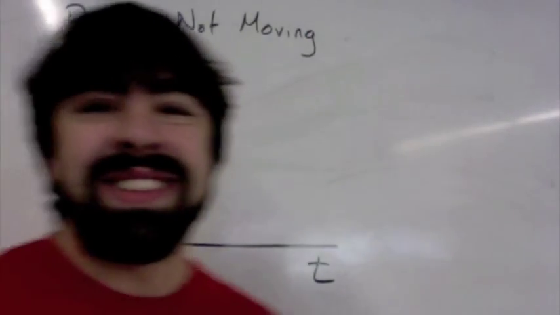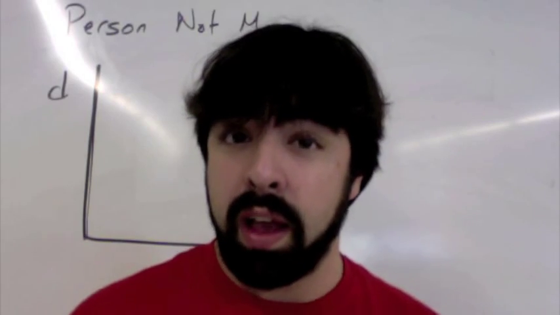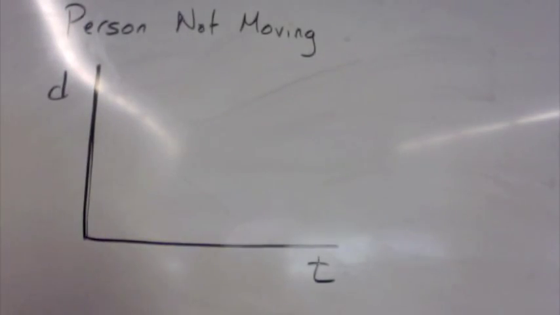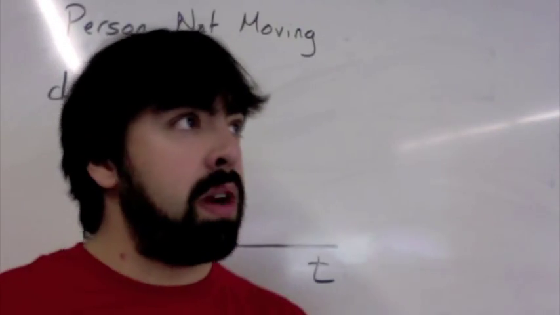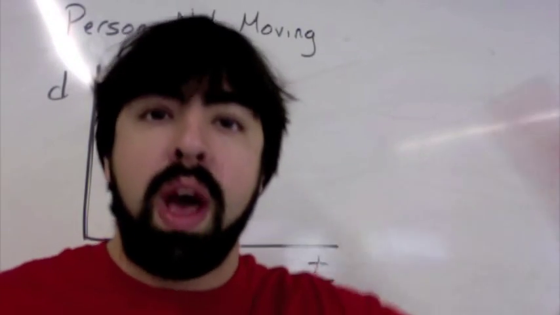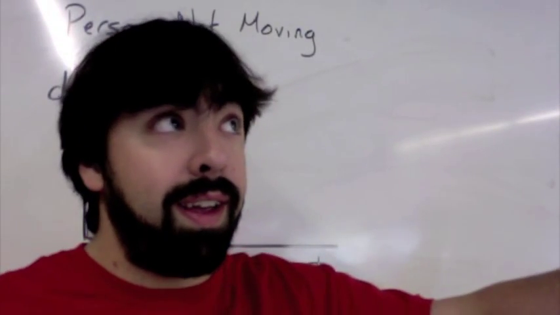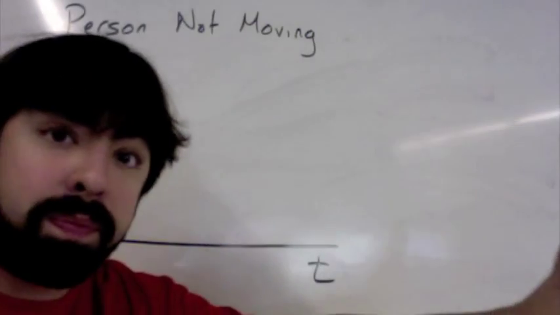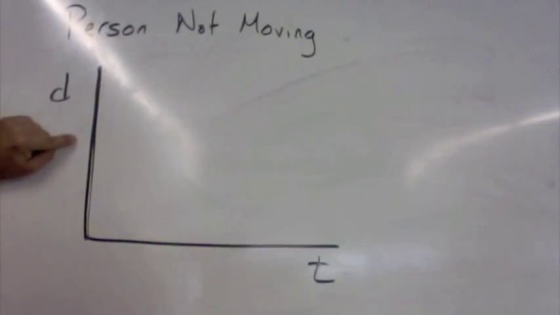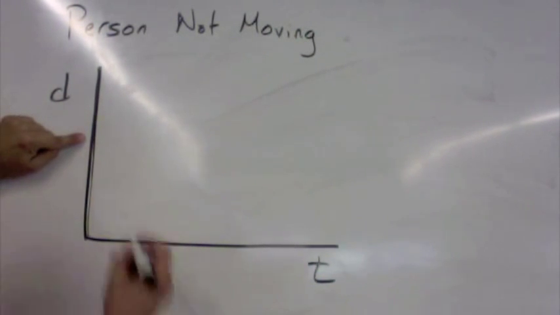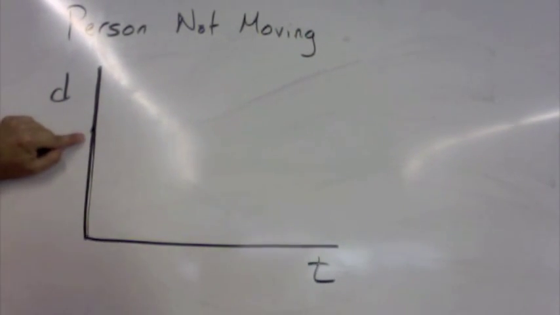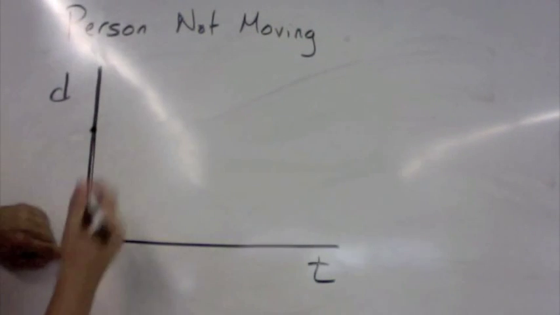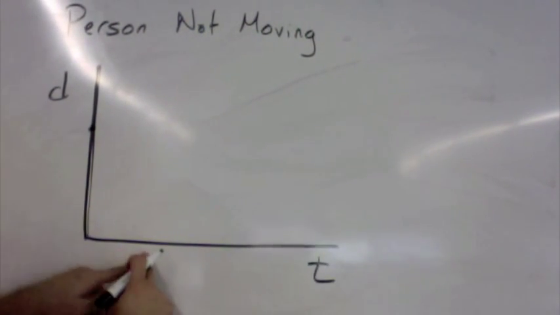So if a person is not moving, what would that look like? Well, let's say that they're away from the origin, somewhere maybe like 5, 10, I don't know, away. Say they're right here. Where would they be at time 0? Well, they'd be right here. Where would they be a minute later?